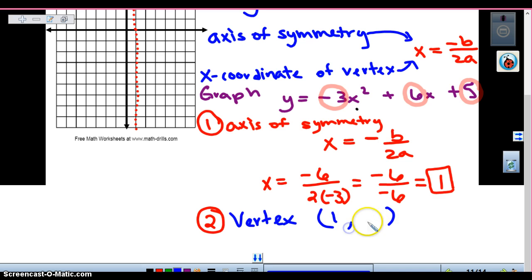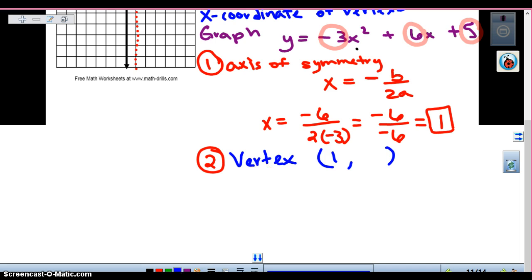Now to find the y coordinate of the vertex, we need to take our equation and substitute x with the axis of symmetry, or the x coordinate of the vertex, which we already have. Now our vertex always lies on the axis of symmetry. That's why we substitute for x with the number we already have for the axis of symmetry.